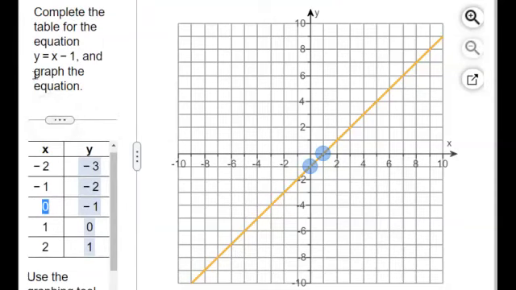And that's it. Looking at our rule, y equals x minus 1, it says that it should be the diagonal, but scooted down 1 unit. And that's exactly what we have graphed.